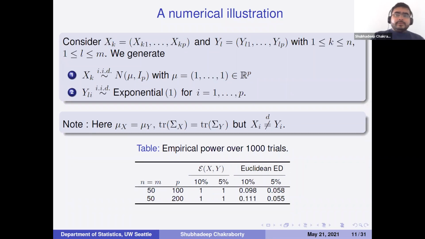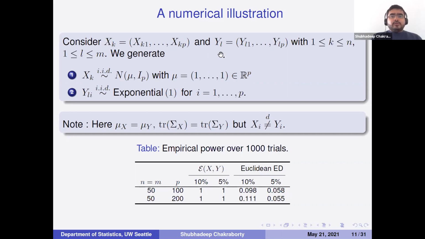So just to give a brief illustration, just to end the discussion on energy distance. Let's suppose we are obtaining two samples, one on X, the other on Y. The sample on X is generated as IID normal with unit means and identity covariance structure.